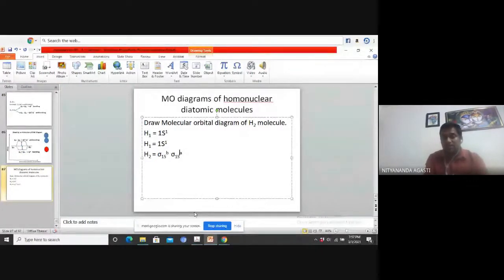Or else, what do we write? Let me write it like this. Some people write it like this, with just a star symbol. Either way, feel free to use the notations: sigma 1s B, or if you are writing B, then you write A here.